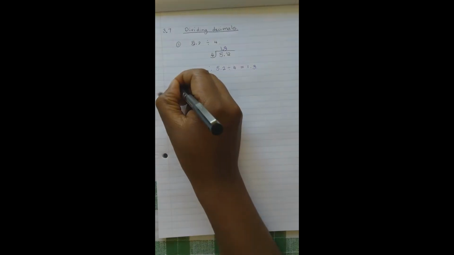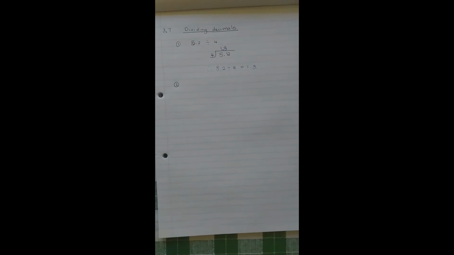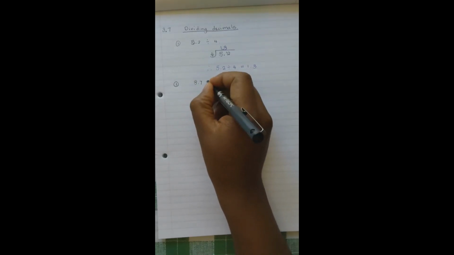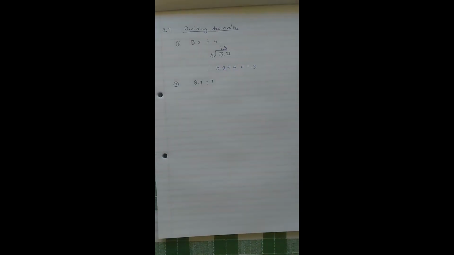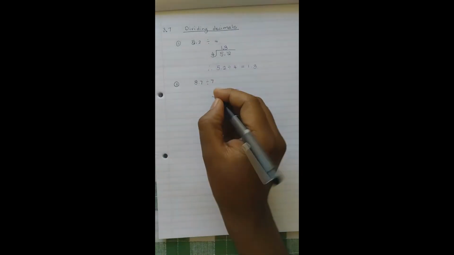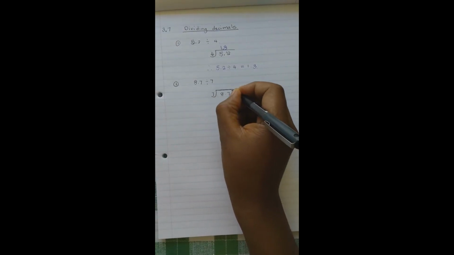Example number 2. I'm going to show you a slightly different way of dealing with the decimals in this example. Let's take 8.7 divided by 7. Let's set up our problem. 7 is our divisor, and 8.7 goes under the division sign. 8 divided by 7 is 1.